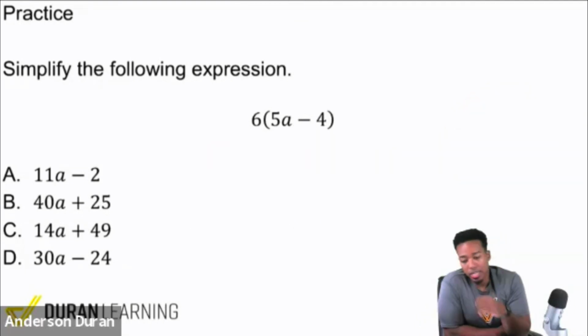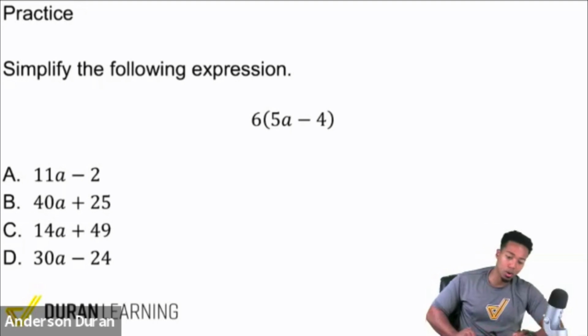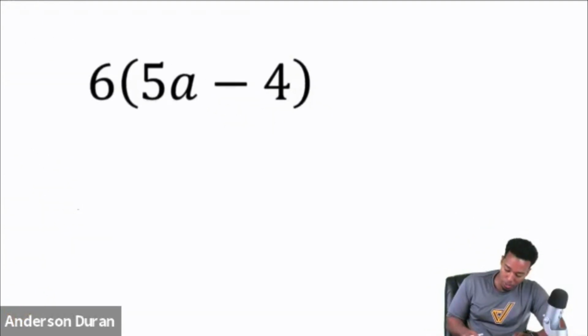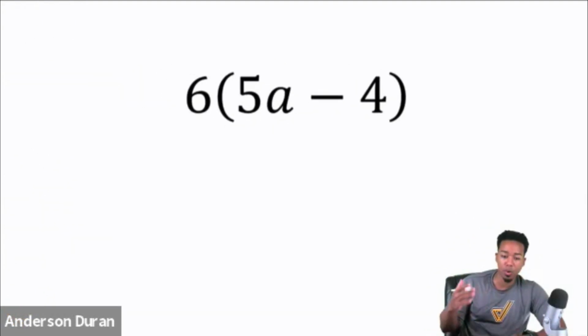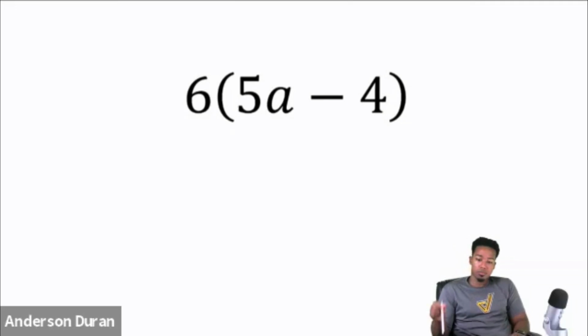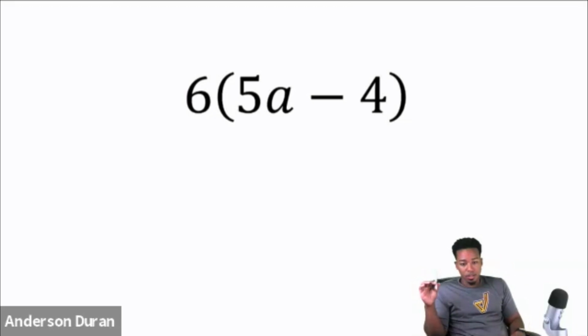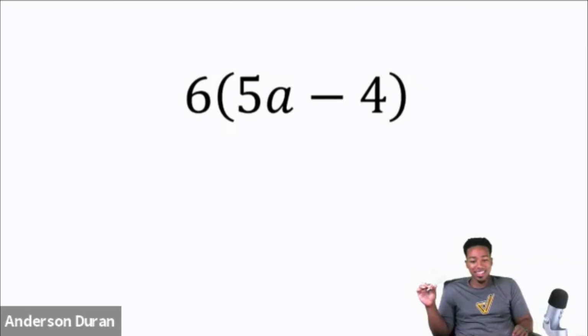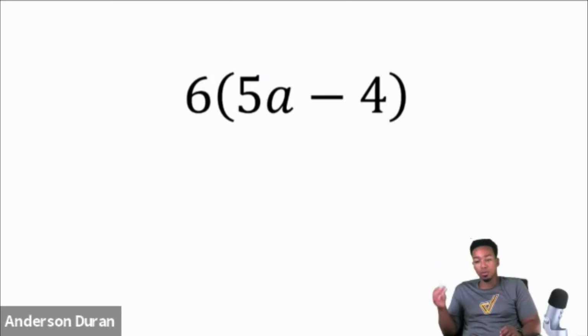Right on. All right, so let's check it out, gang. Simplify the following expression. Everybody, what's the one word you can use to describe what is happening right here? What idea are we working off of? That is correct, it starts with a D. It is distribute. Distribution.